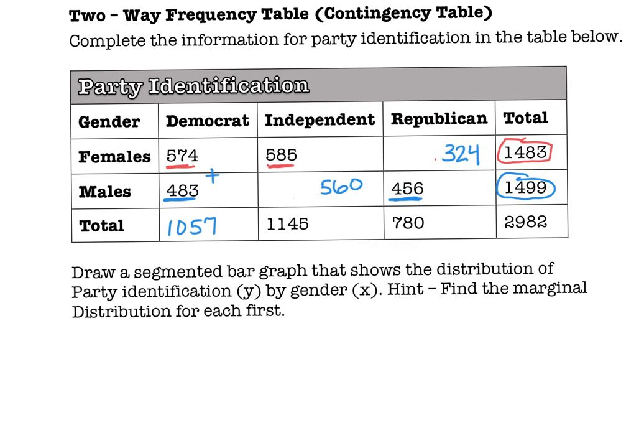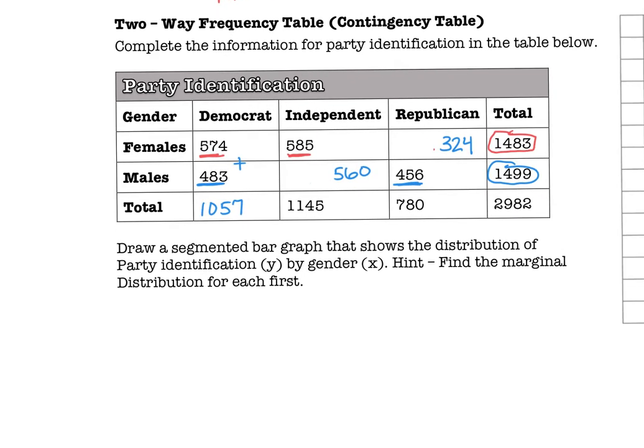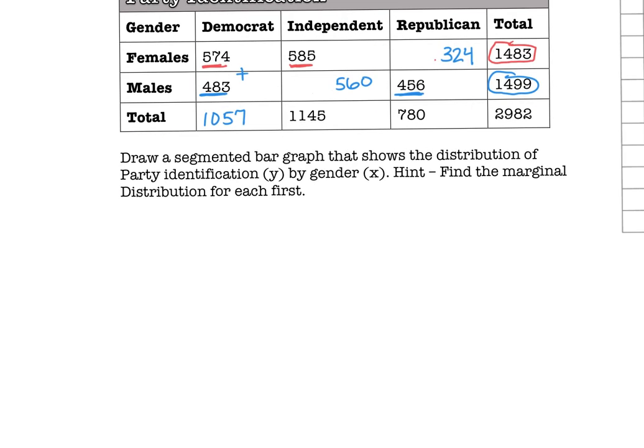Okay, so to do a segmented bar graph that shows the distribution of party identification by gender, okay, gender is going to be our independent variable. That's going to go along the x-axis. And then the party identification is going to be our dependent variable. Okay, but in order to do that, what we'll do is we'll create a relative chart to the total.